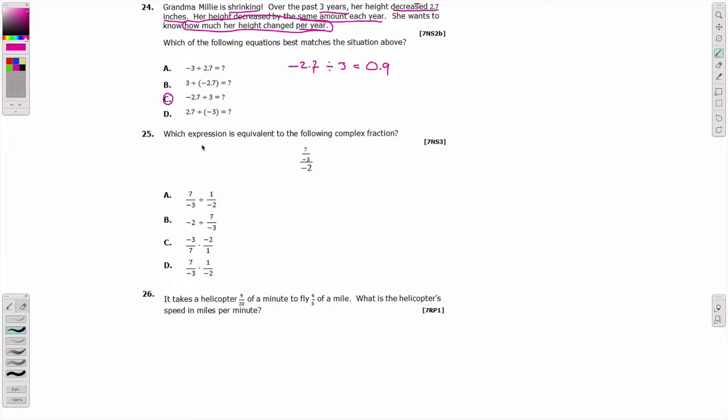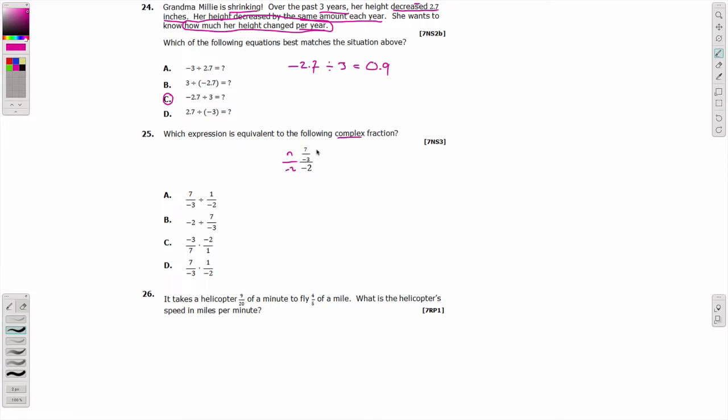Question 25. Which expression is equivalent to the following complex fraction? A complex fraction is a fraction that has a fraction as a numerator or a denominator or both. So here the numerator is 7 over negative 3 over negative 2.